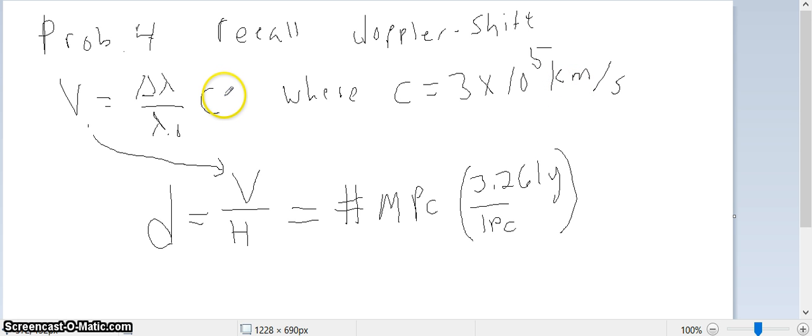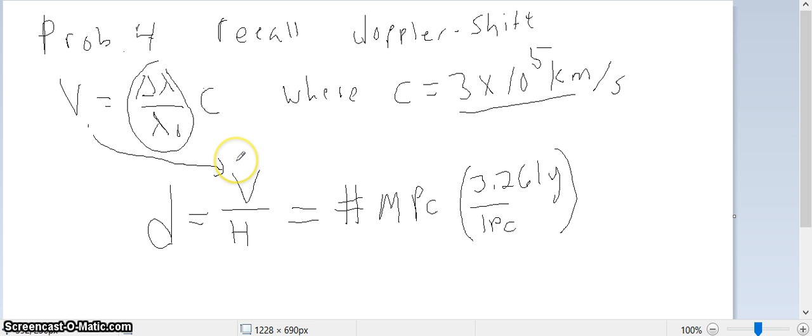In the problem that they give us in the textbook, they give us the value of delta lambda over lambda naught as some decimal number, and so you multiply that times the speed of light in kilometers per second. Then it's going to be something significantly less than the speed of light.